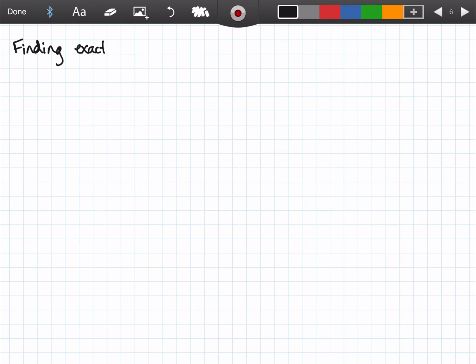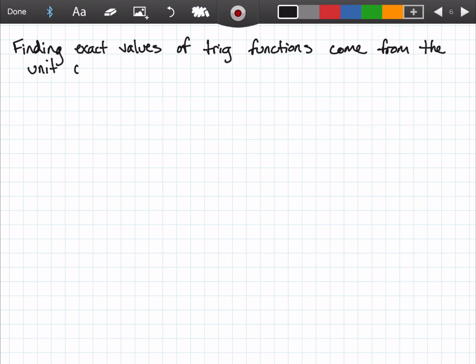So finding exact values of trig functions, if you're not given a picture of a triangle, they come from the unit circle.